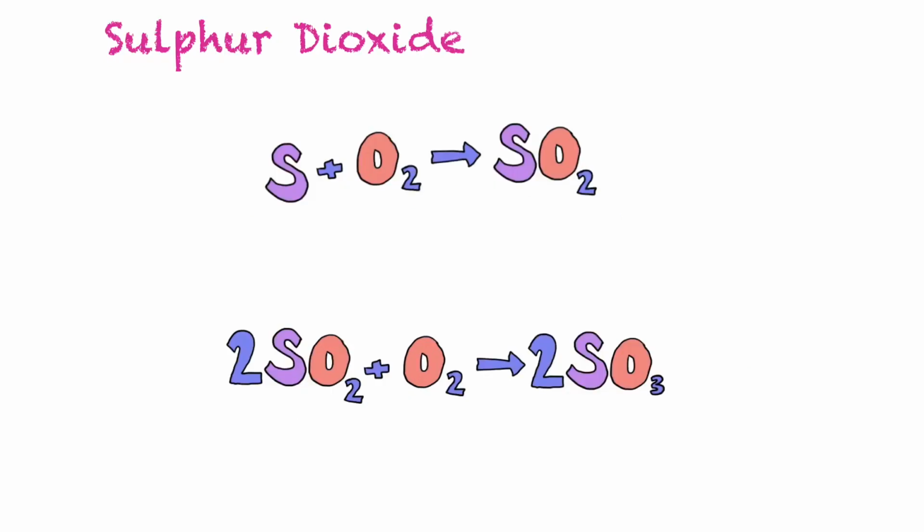So sulfur dioxide is formed when sulfur reacts with oxygen. So sulfur plus oxygen makes sulfur dioxide. And then sulfur dioxide in turn undergoes photochemical oxidation, so under light, catalyzed by soot and metal particles in the air, and that forms sulfur trioxide.